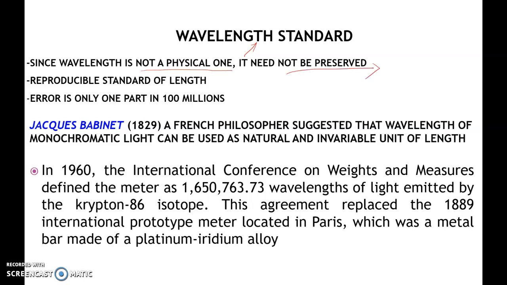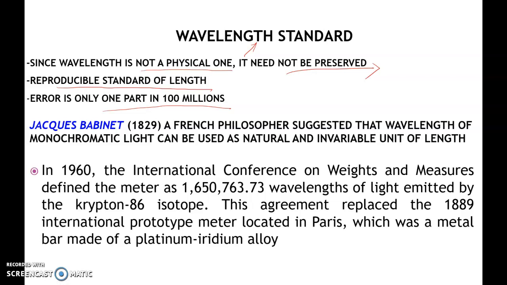Another advantage is that it can be reproduced at any place very easily. That is the second point, a reproducible standard of length. Also, the error is only one part in 100 million, which is very small. So these are the advantages of wavelength standard over material standard.